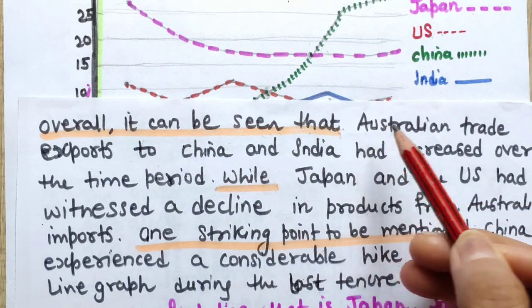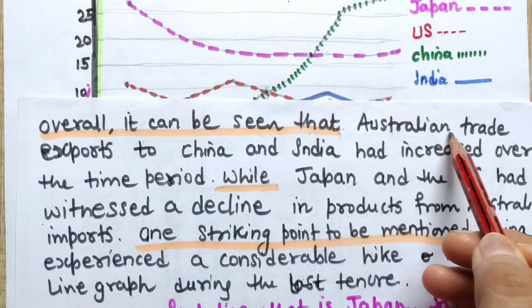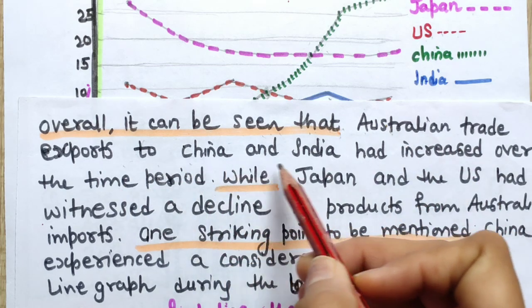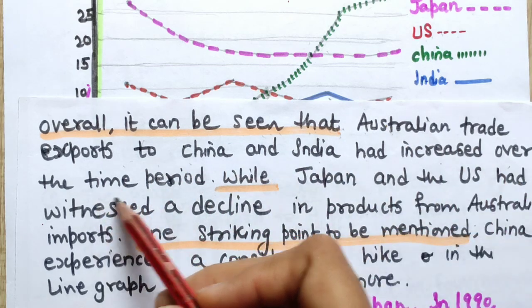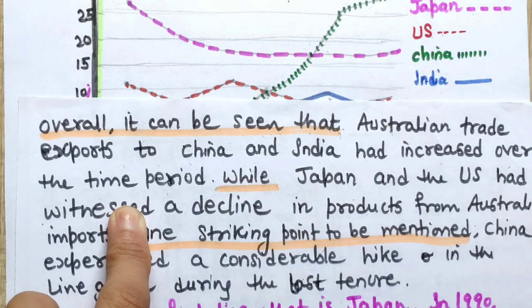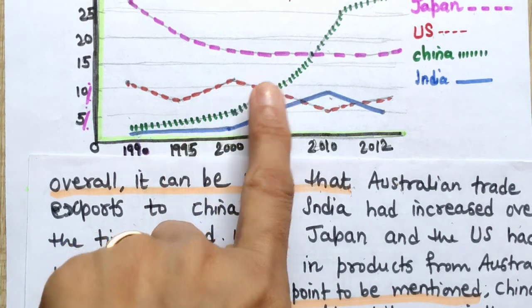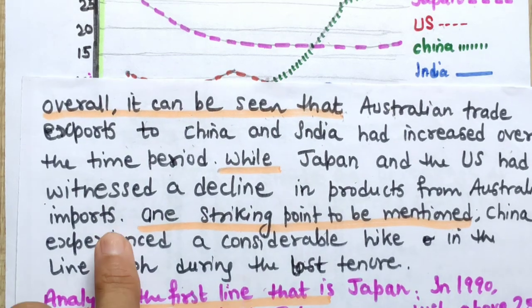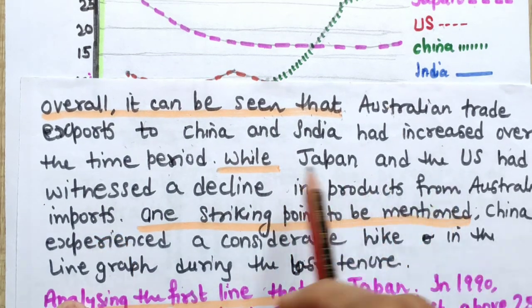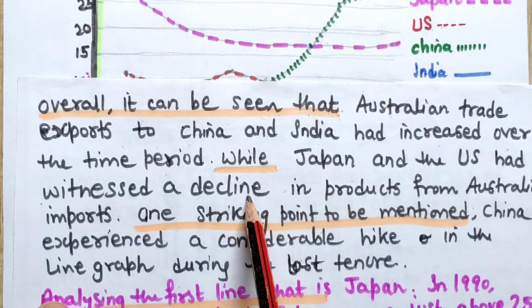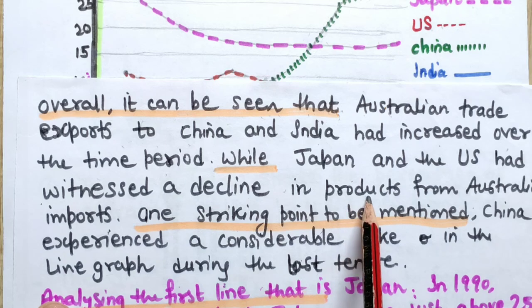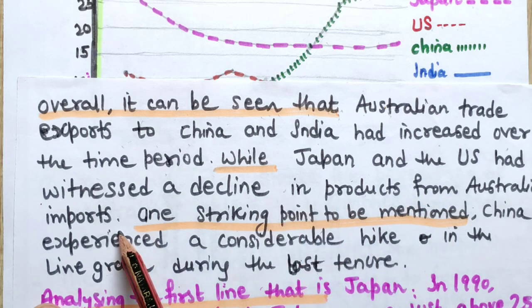Now the main important thing is here: Australian trade exports to China and India had increased over the time period. See, from here they had started, and China had increased, and this also increased. While Japan and the US had witnessed a decline in products from Australia imports. One striking point to be mentioned.